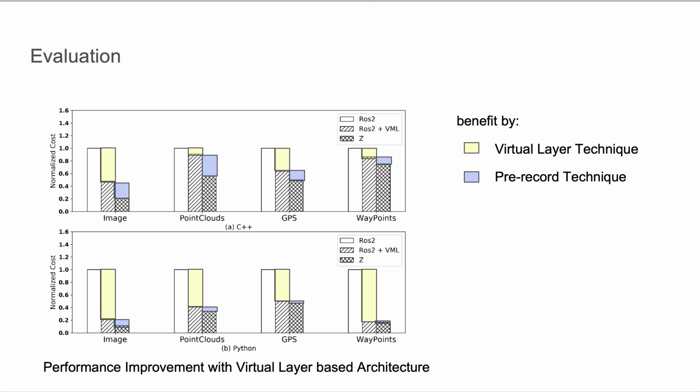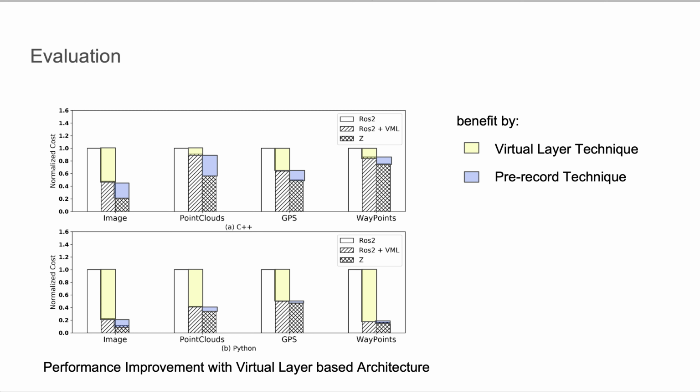ROS 2 plus VML can significantly outperform ROS 2 with the performance improvement of 10 to 50% for different types of messages because of the shared memory technique.